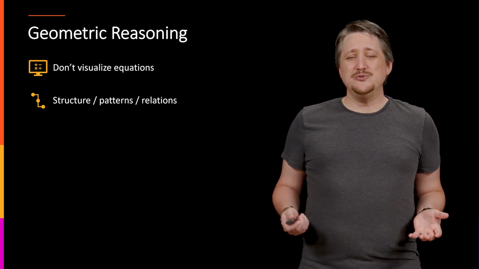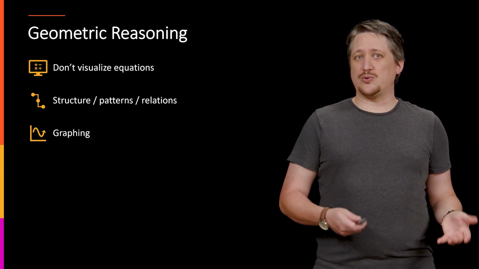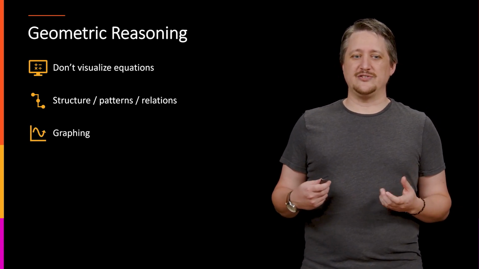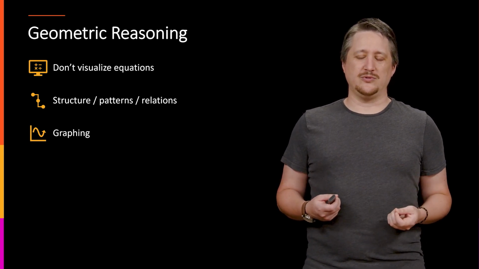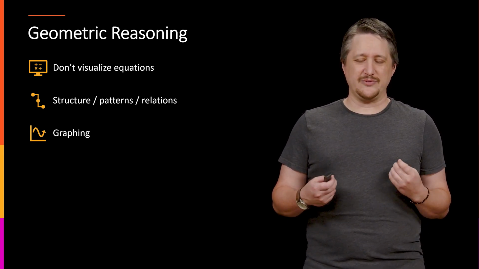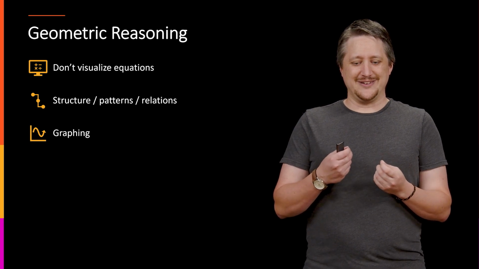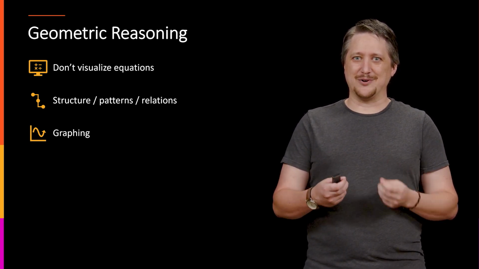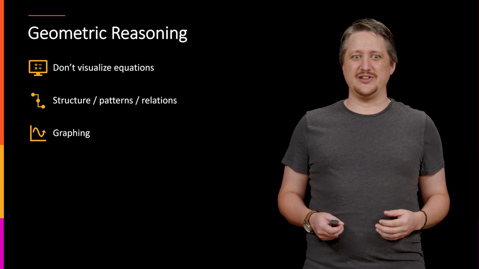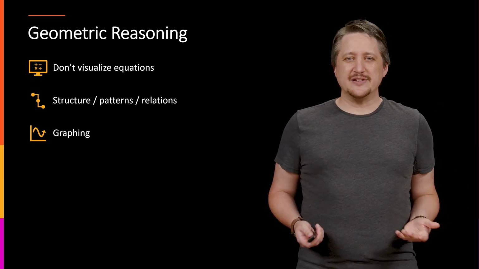And the go-to version of this is graphing. Graphing is the classic geometric tool, but it's not the only geometric tool, right? A lot of the times these things become almost analogous in a person's thought process, that when you say geometric reasoning, you mean graphs. But it doesn't have to be that.